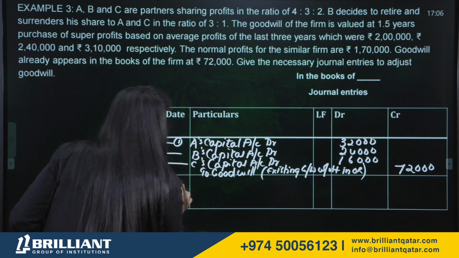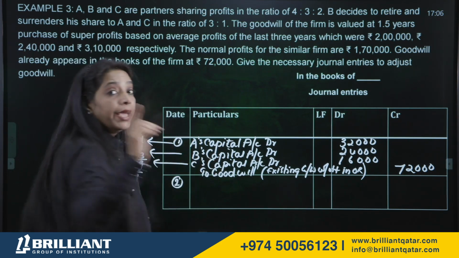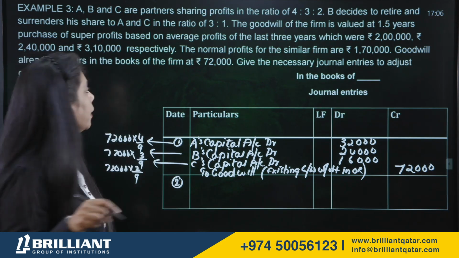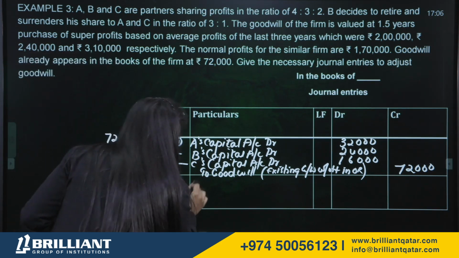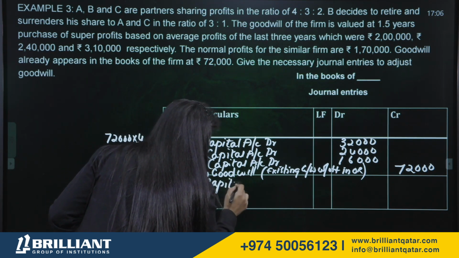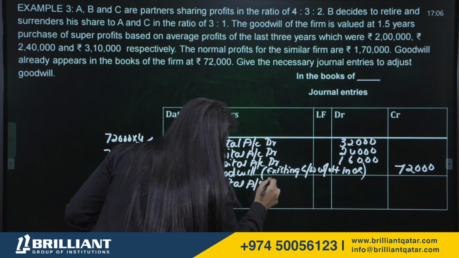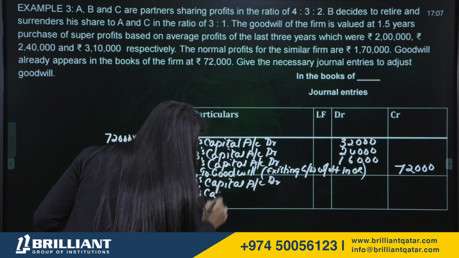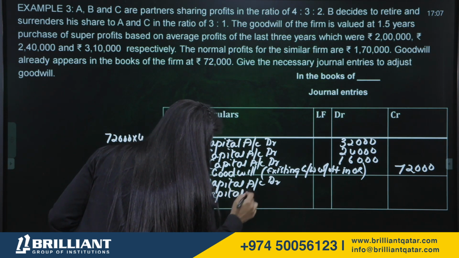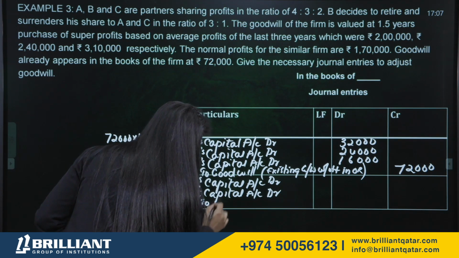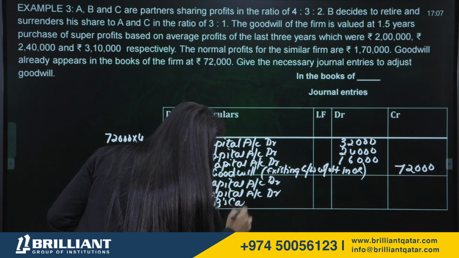The second entry that you have is gaining partner to the retiring partner, and B is retiring. So the entry is A's capital account debit, C's capital account debit to B's capital account.